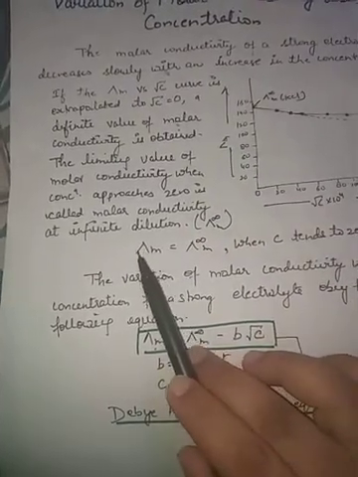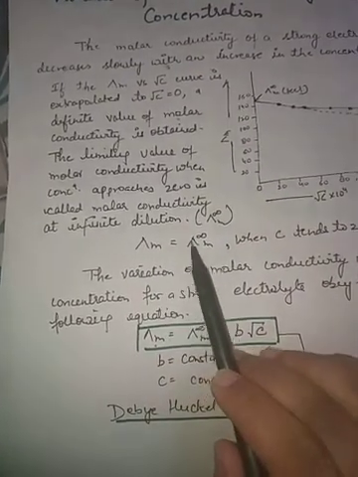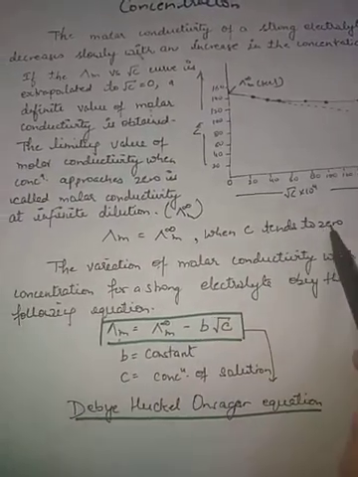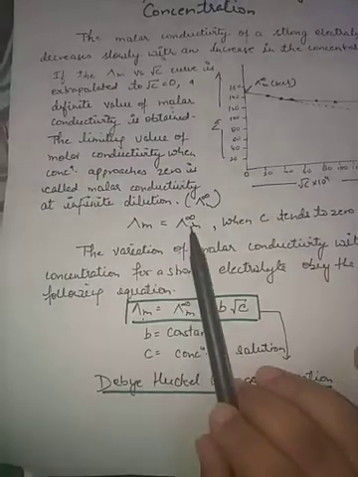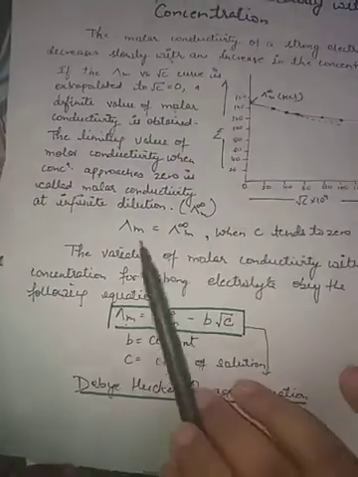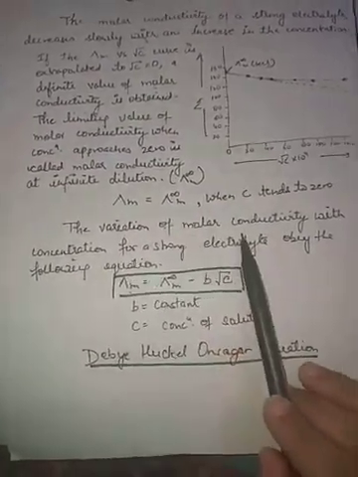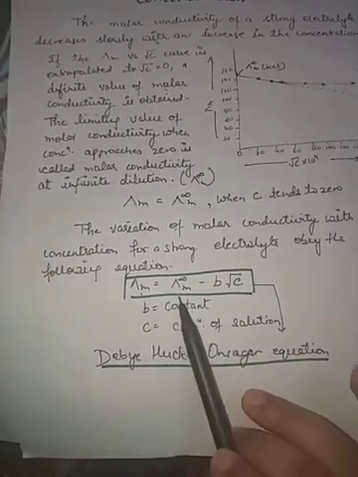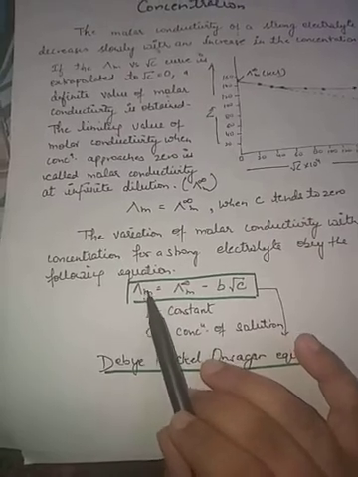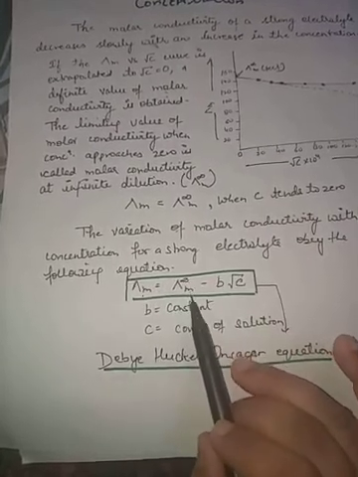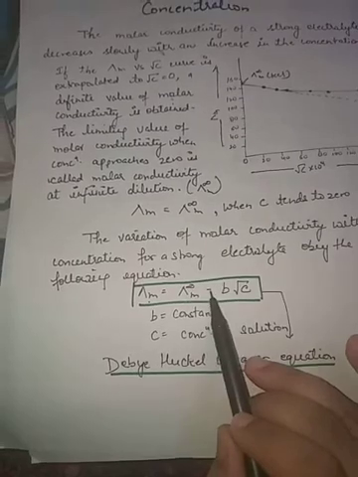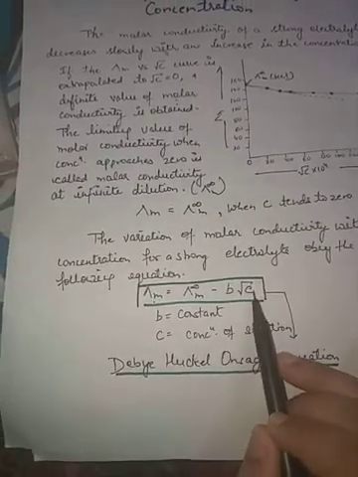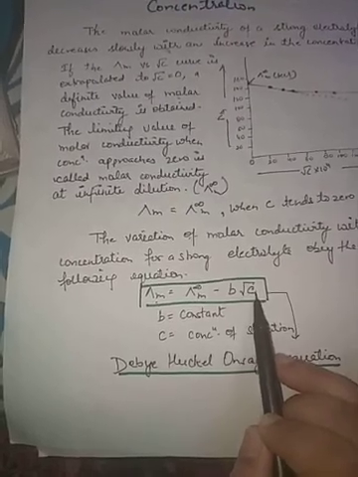See, molar conductivity will become equal to molar conductivity at infinite dilution when C tends to 0. And if we have to study the variation of molar conductivity for strong electrolytes, they obey the following equation. The equation is: molar conductivity equals molar conductivity at infinite dilution minus B root C. B is a constant and C is the concentration of the solution.